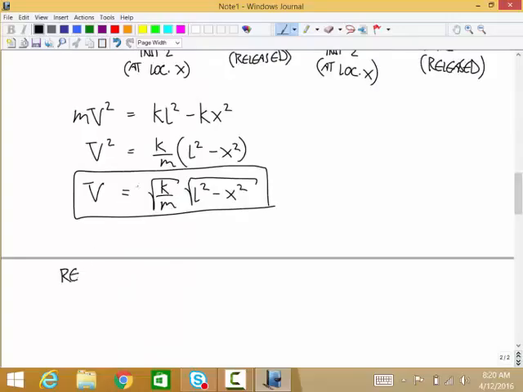Why did I separate out the square root of k over m? That's because that's related to the frequency of this oscillation.